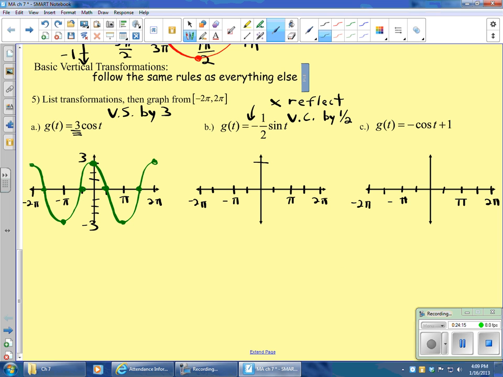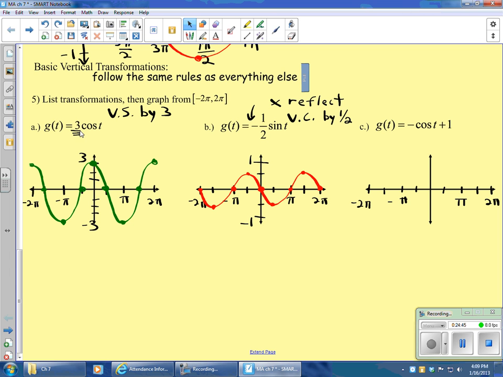So if I mark this as 1 and that at -1, it's only going to reach to there and there. Sine started in the middle, and it still will. Normally sine goes up, but since it's being reflected, it's going to go down and back on, above and on. And notice it's only going up to 1/2 and down to -1/2. So it's a more compressed, almost flat-looking sine wave.